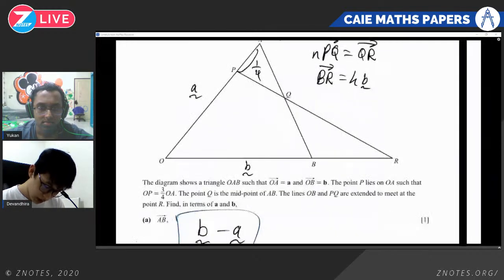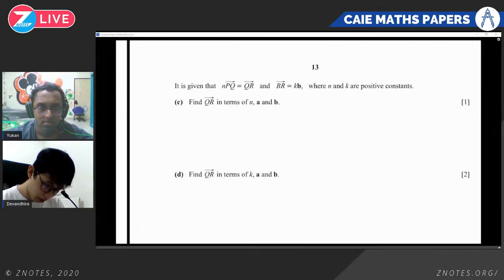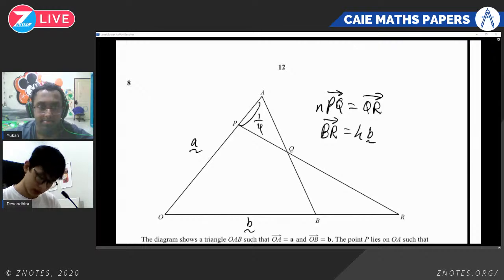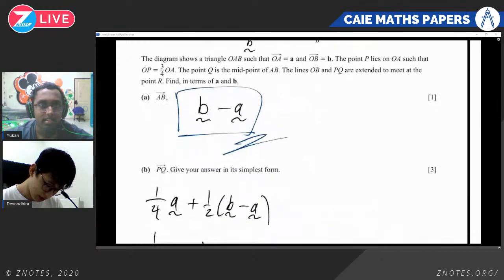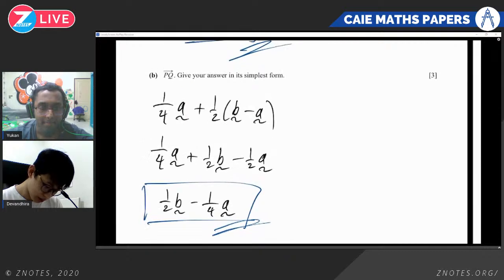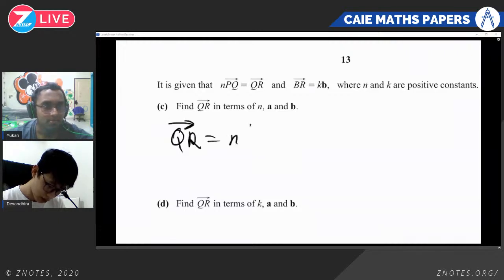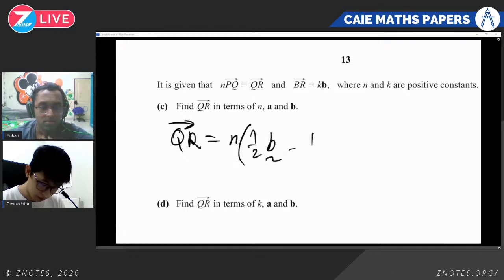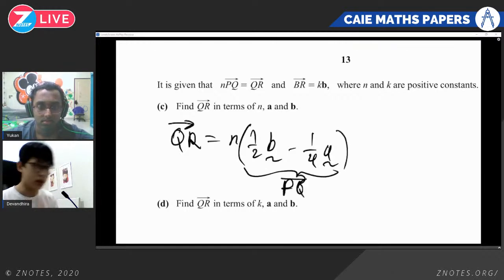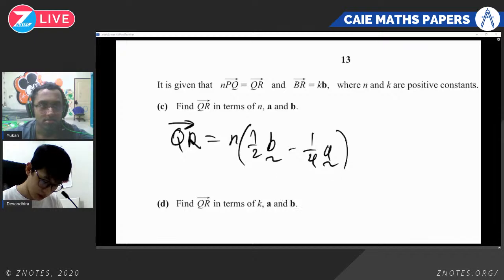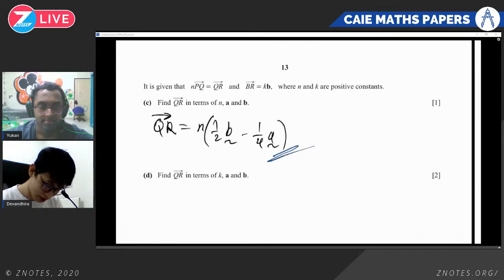We need to look for QR in terms of A and B. Do you know what PQ is? Yeah, we just solved it. So we just have to replace PQ with what we found before. So we have N multiplied by half B minus 1/4 A. This is basically our PQ before, but we just replaced it. And there you go, that's your 1 mark, again boxing the answer.